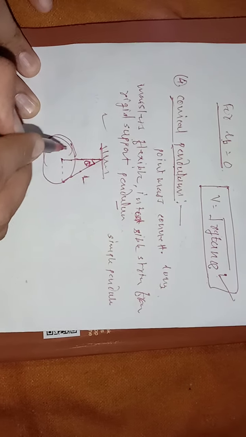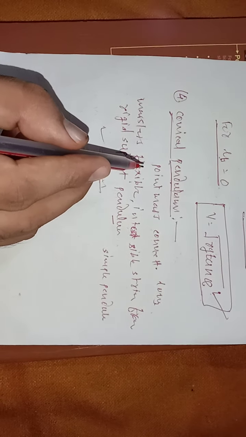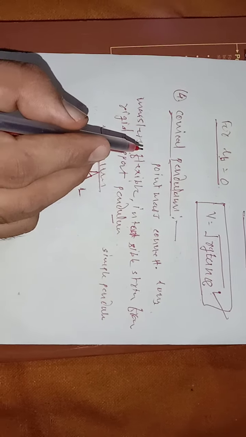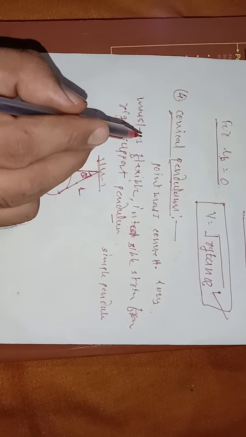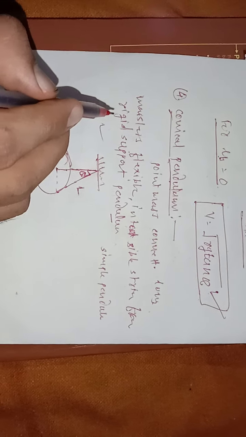In this condition, it is called a conical pendulum. That means it performs a uniform horizontal circular motion. In such a case, the system is called a conical pendulum. So we are discussing that conical pendulum.